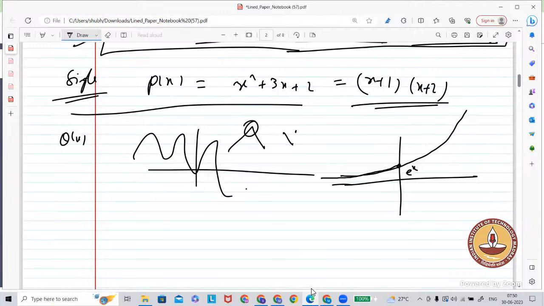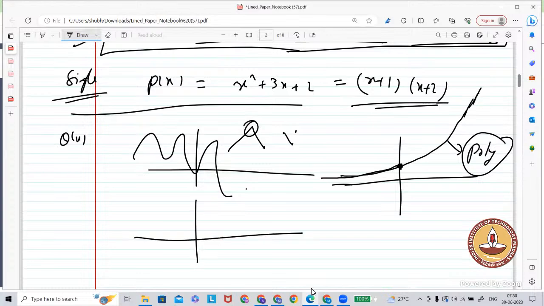This graph is very smooth, but it does not represent a polynomial. This is the graph of the exponential. If I erase the label, you cannot directly say it is a polynomial just by looking at the graph.